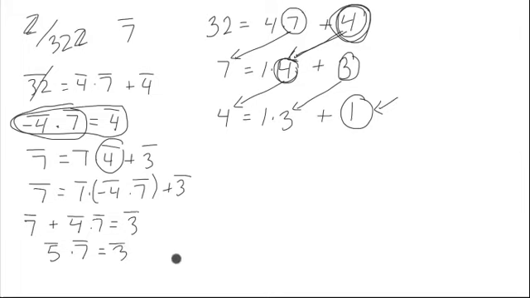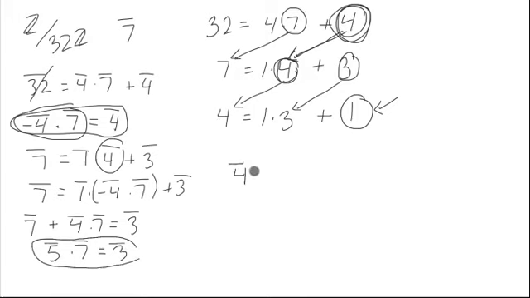Next up, we're gonna use this idea that we solved for 3 bar, we solved the remainder here, and put it in right there into the next line. So we're gonna have 4 bar, but thinking of the next line in terms of bars, all working mod 32.